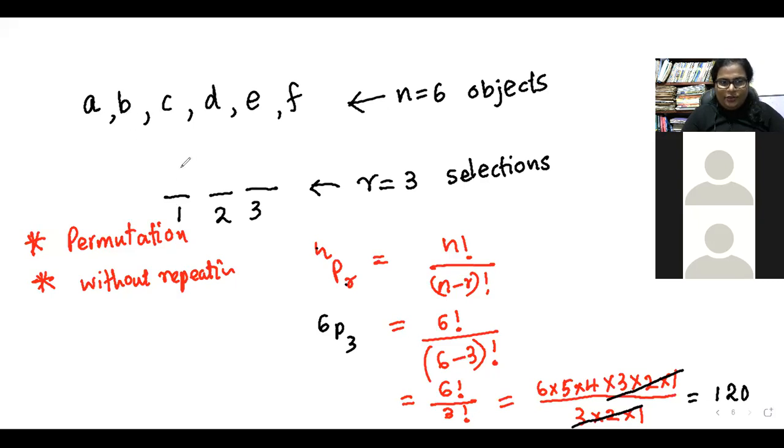Here we have 6 letters, A, B, C, D, E, F. Then when you allocate one of these 6 objects to the first position, we go to the second position. Then how many letters are remaining for the second position?